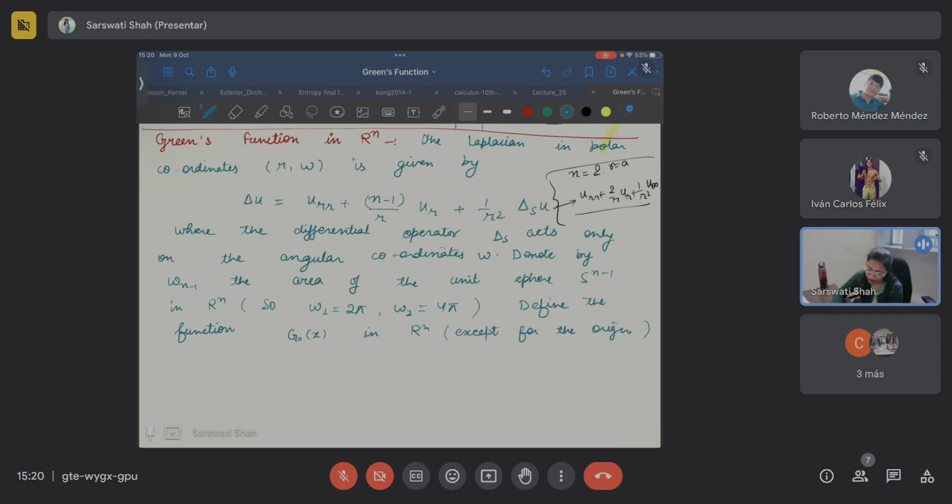So define the function g_0(x) in Rn except for the origin in such a way that g_0(x) is equal to 1 over (n minus 2) w_{n-1} r to the power n minus 2 when n is greater than or equal to 3, and this green function is defined as minus 1 over 2 pi logarithm of r when n equals 2, where r is equal to modulus of x.